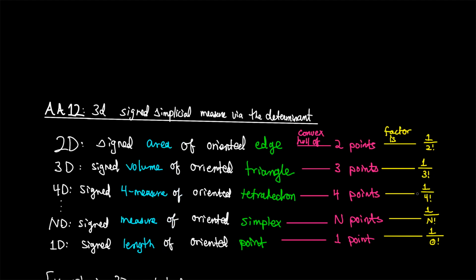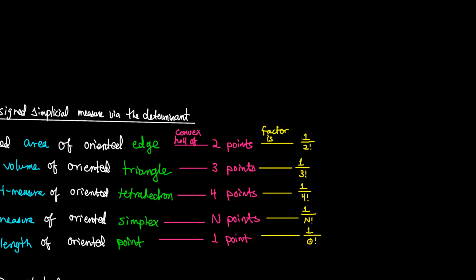And then there are these factors that you put on. With the triangles, we had to multiply the determinant by a half to get the correct measure. In 3 dimensions, we multiply by 1/6, which is 1 over 3 factorial. In 4 dimensions, you would multiply by 1 over 24.